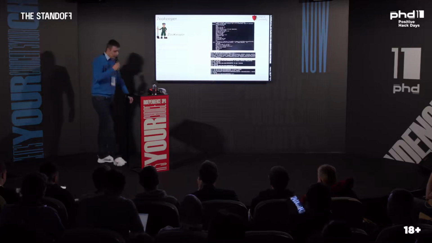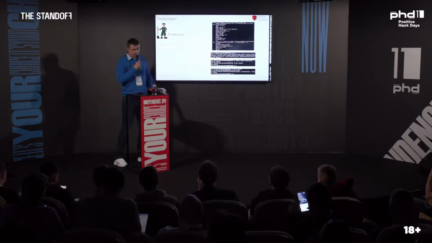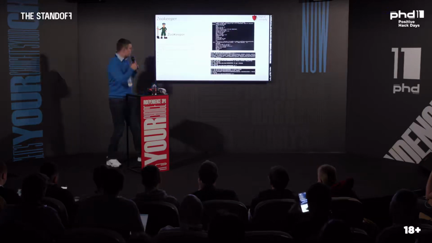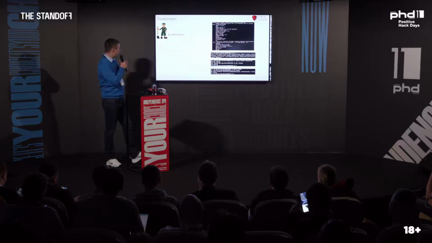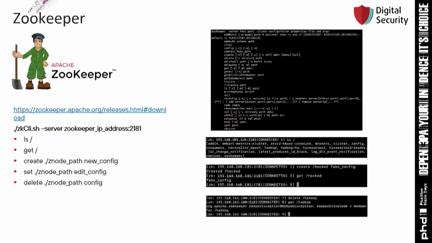We are done with Hadoop, and would like to say a few words about Zookeeper, the management layer for cluster configuration. Here, it's the console solution. You can connect to it with the Zookeeper CLI. Here's the link by which you can download it, and port 2181. That's where Zookeeper sits and listens.